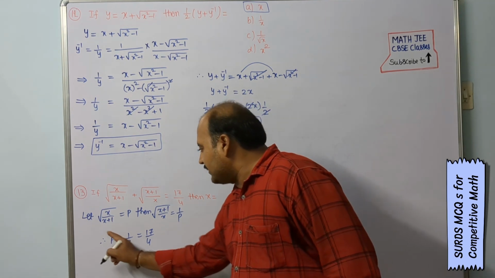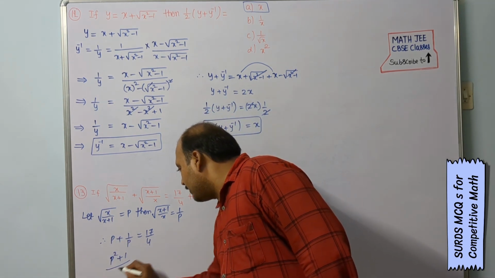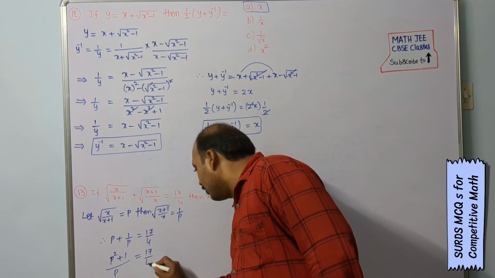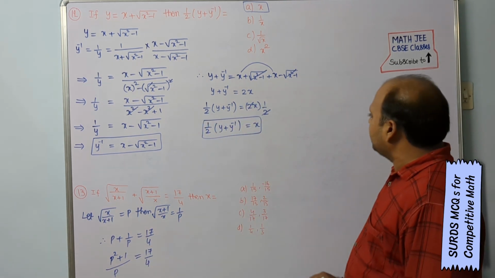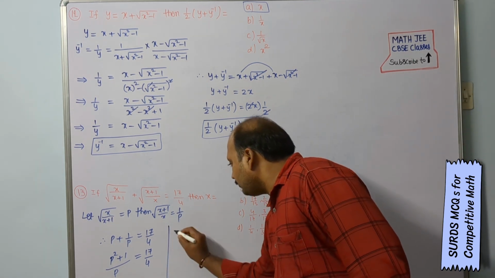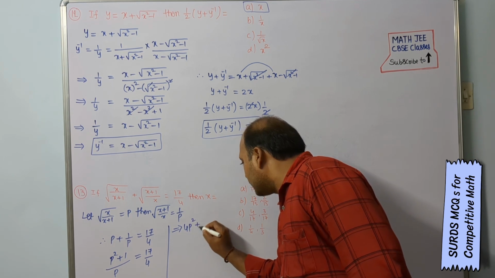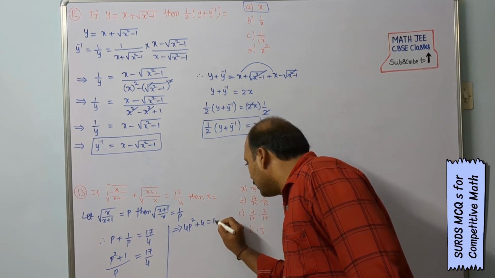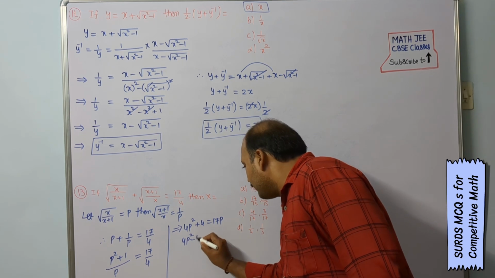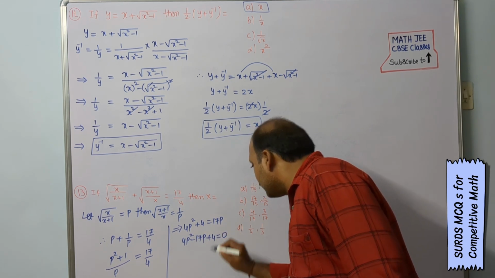Take LCM. P square plus 1 divided by p is equal to 17 by 4. Cross multiply and simplify. 4p square plus 4 is equal to 17p. 4p square minus 17p plus 4 equal to 0.